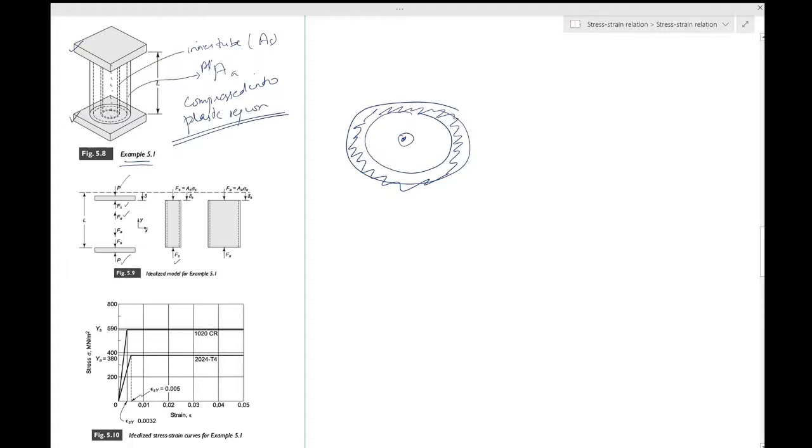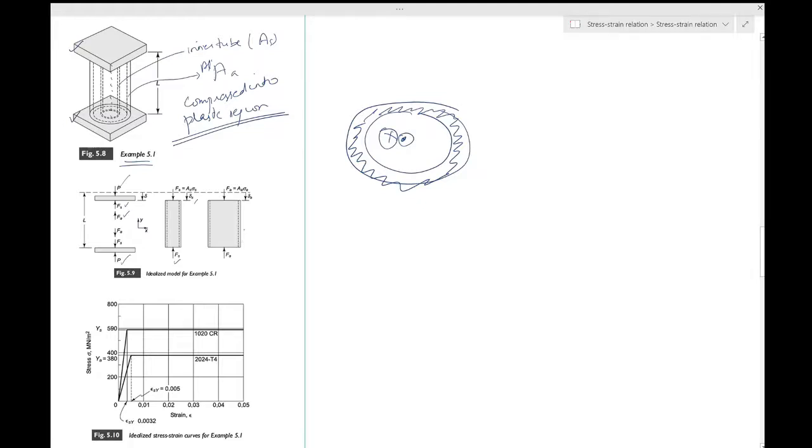The force applied on this steel tube is F_S. Again it is applied at the center because of the symmetry, and that is equal to A_S times sigma_S, where sigma_S is the stress on the steel tube. The deformation in the steel tube is delta_S.